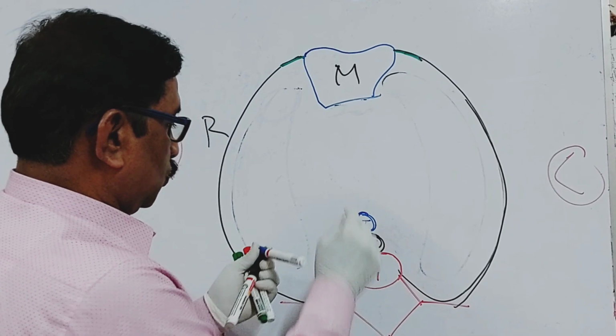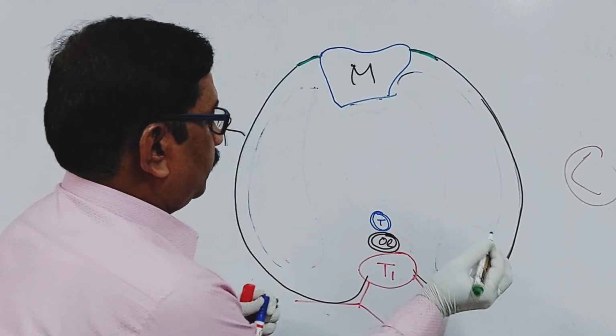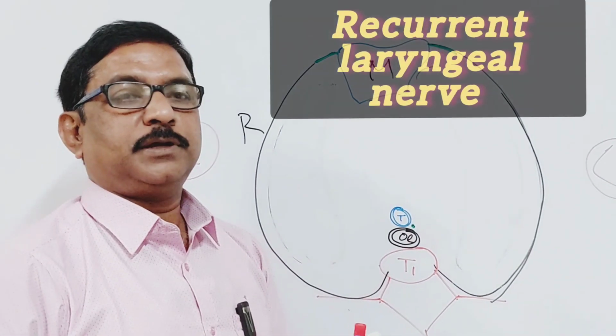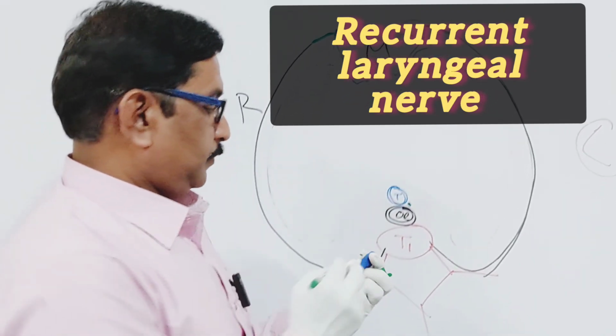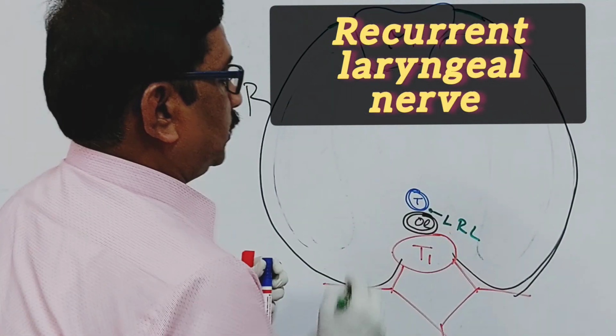In between these two and toward the left side there is one nerve in the tracheoesophageal groove, that is the left recurrent laryngeal nerve.